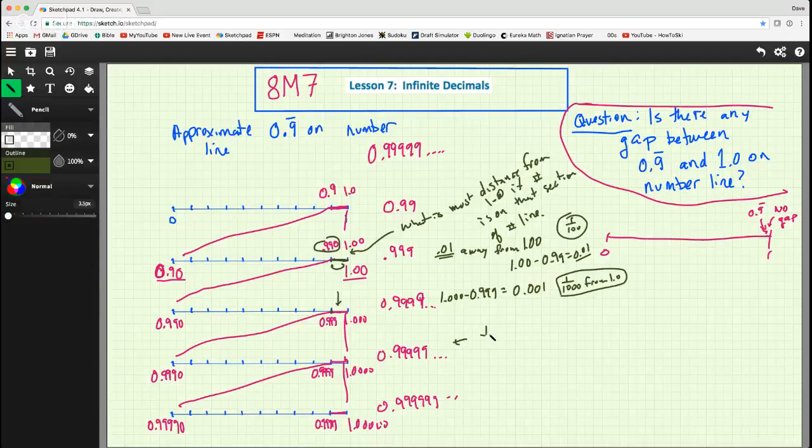Similarly, here we're 1/10,000th, or 0.0001 away. We're getting closer to 1. And here we're 1/100,000th away, or 0.00001 away from 1.